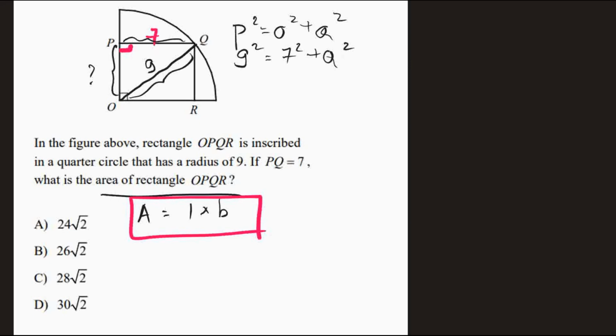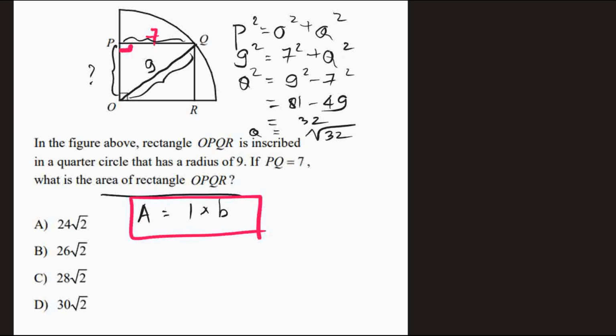This is the Q side. Now, how to get the Q? It is 9 square minus 7 square, which equals 81 minus 49, which equals 32. So Q will be the square root of 32.